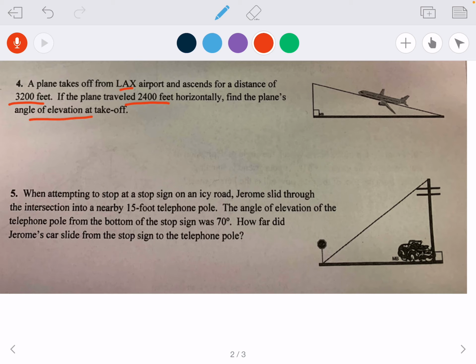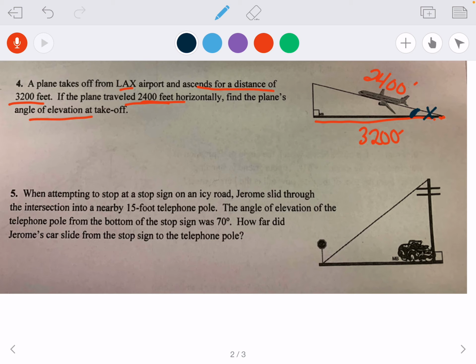Now it says ascends for a distance of 3,200. This is where your 3,200 goes. The plane is traveling horizontally, so that's 2,400 feet right there. And then it's asking for the angle of elevation. Well, angle of elevation is looking up, so this is my x right there.